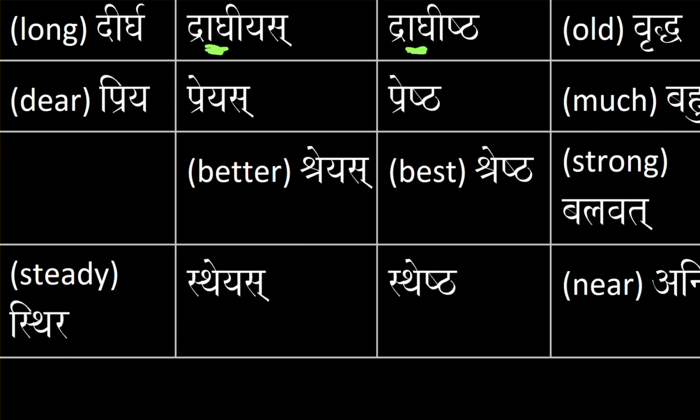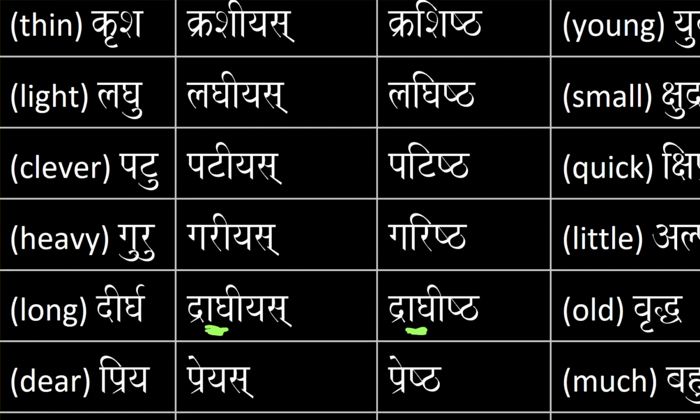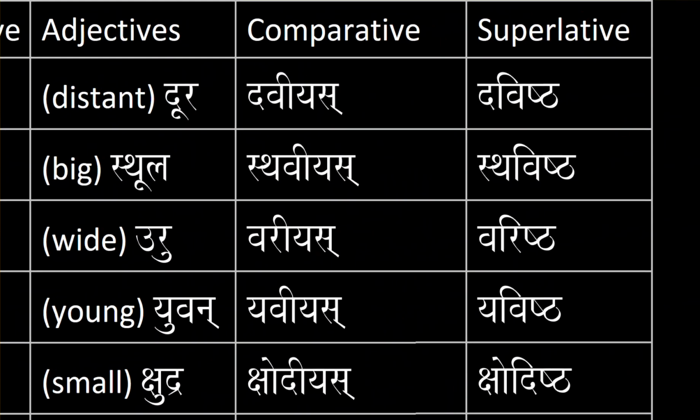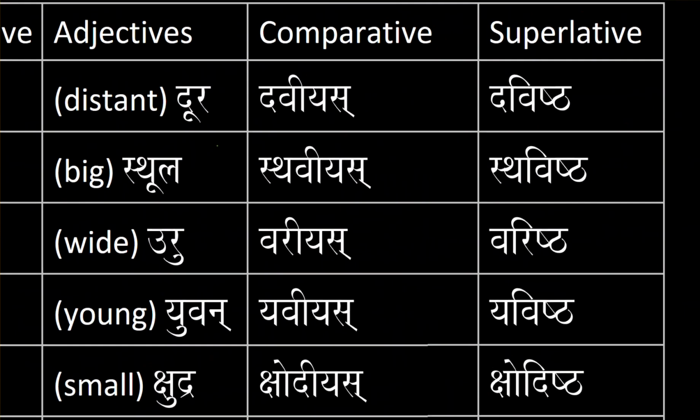For steady, we have sthira. You end up with stheyas and stheshtha. For the next set of adjectives, distant, dura, we have daviyas and davishtha.